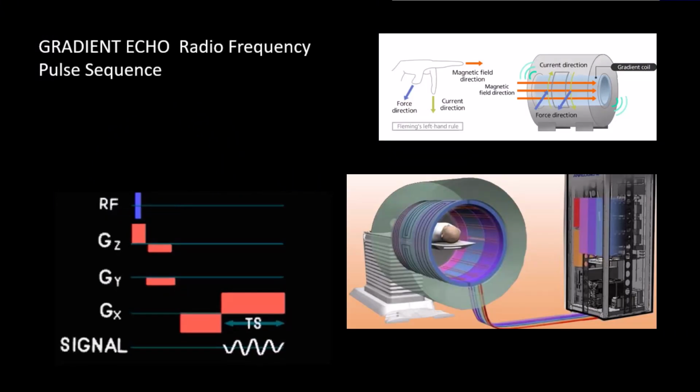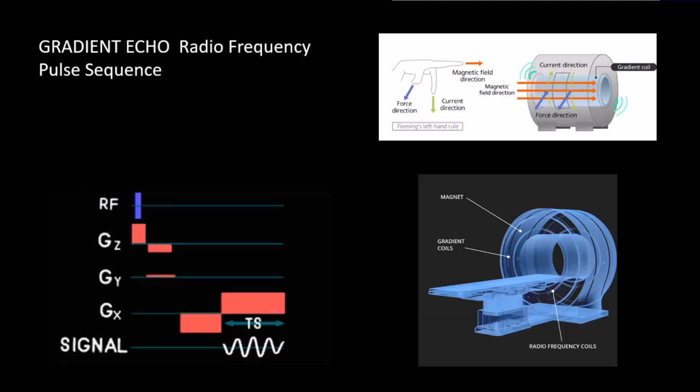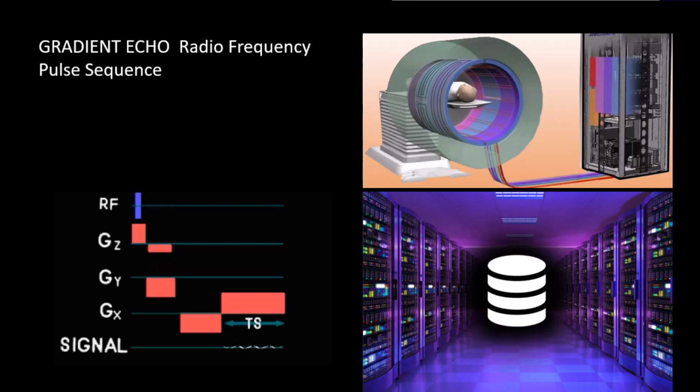The second method of getting images using radio frequency pulses is through the use of gradient echo pulsing. Utilizing turning on and turning off the gradients, we are selecting the data that they produce at the time that they're on.